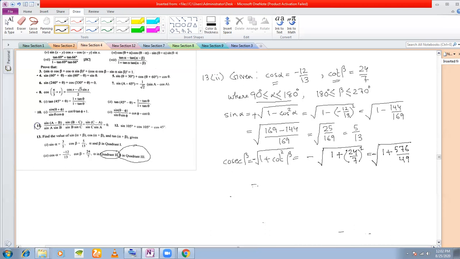So this will be minus root 49 plus 576 divided by 49, and 576 plus 49 is 625, which is equal to minus 25 by 7.